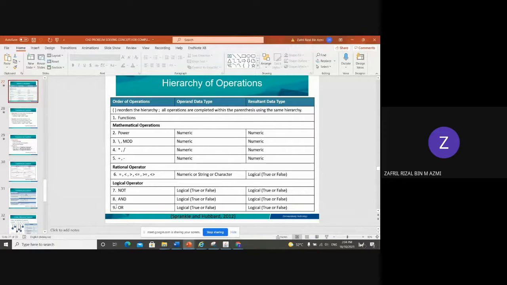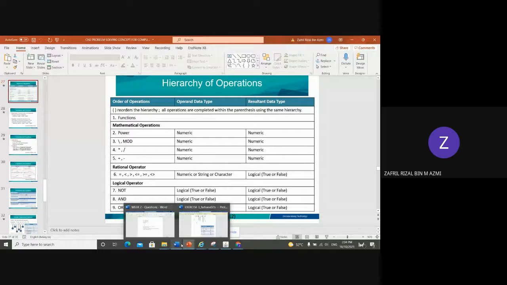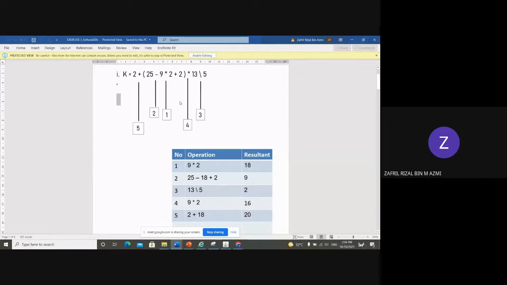So the or is the least in the hierarchy. By following this, we get this process. The first one is correct, so you write down the first operation and get the resultant. Correct.